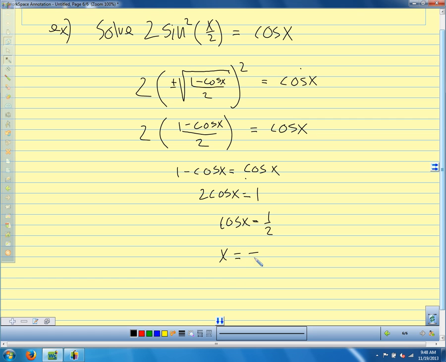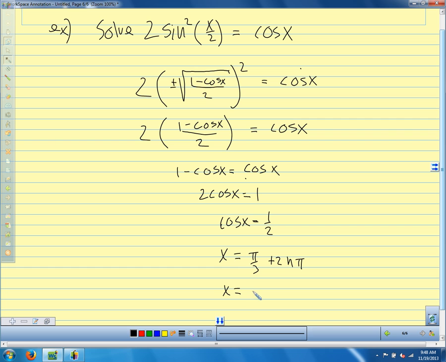Pi over 3 plus 2n pi, and which other one? 2 pi over 3? Is that right? No. That would give us a negative 1/2.